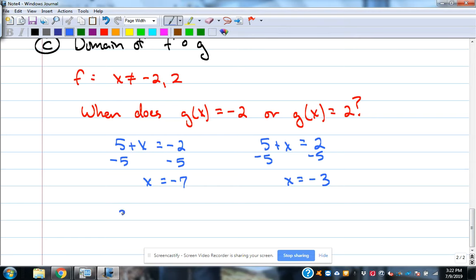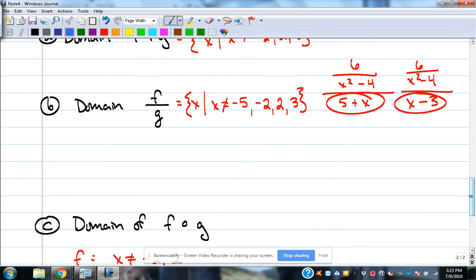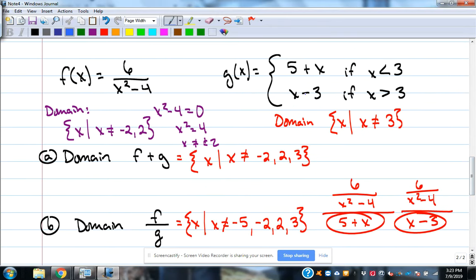So x minus 3, when does that equal -2? Well, that's going to be x equals +1. But that positive 1 is never going to happen for x minus 3, because the piecewise defined function says the x's are already greater than 3 there.